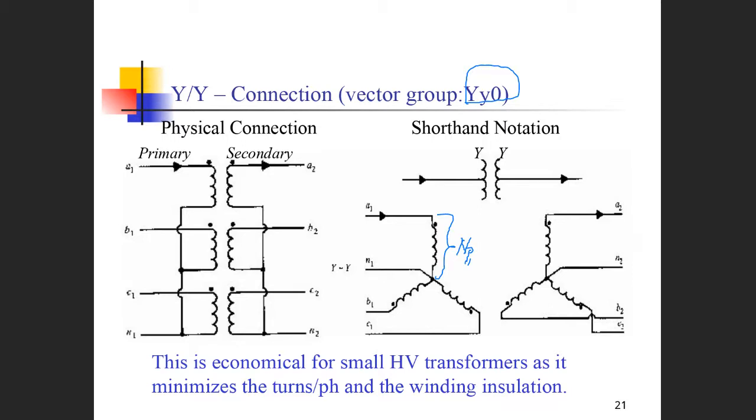Because it is a star connection, the line voltage equals the phase voltage times √3.